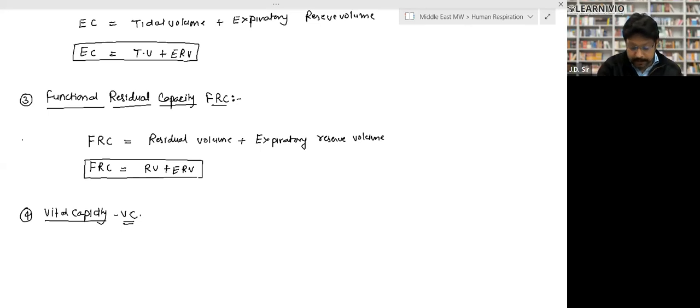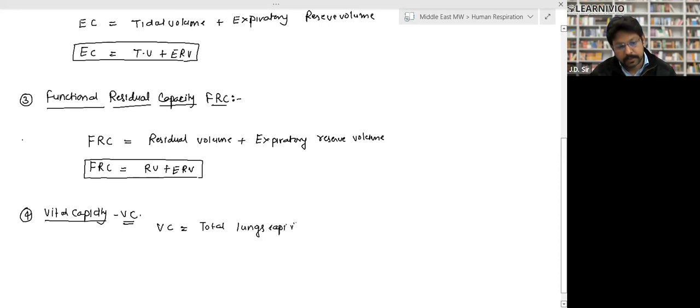So what is the vital capacity? VC will be equal to total lungs capacity minus residual volume.